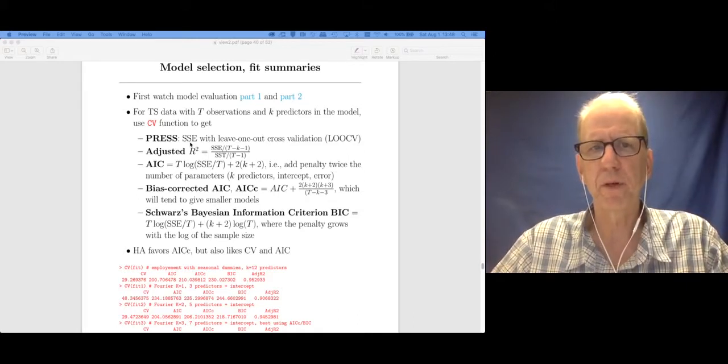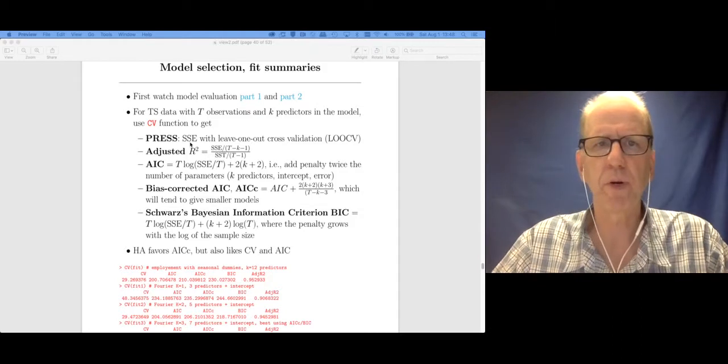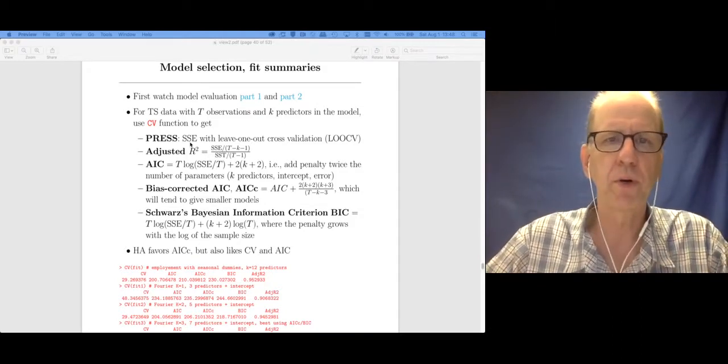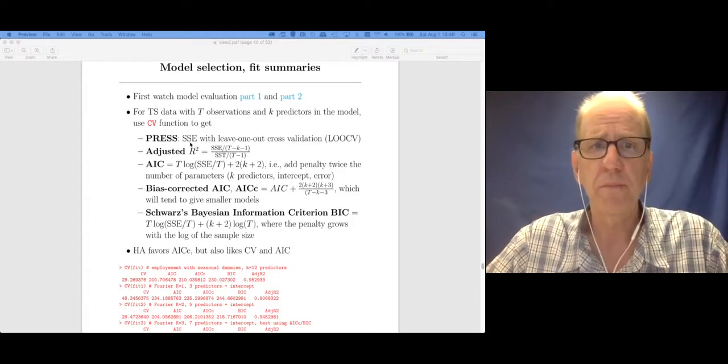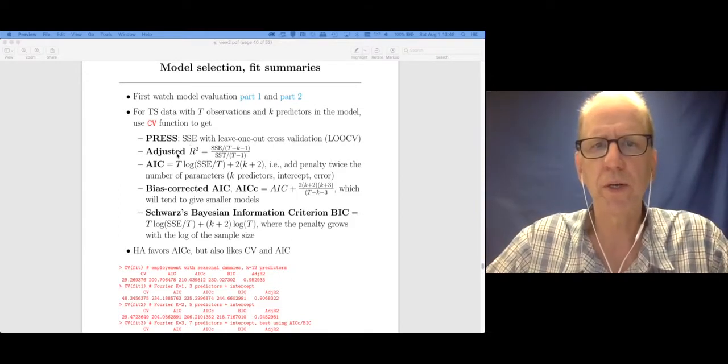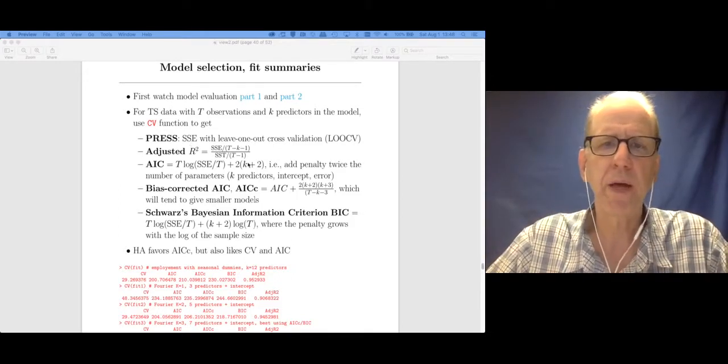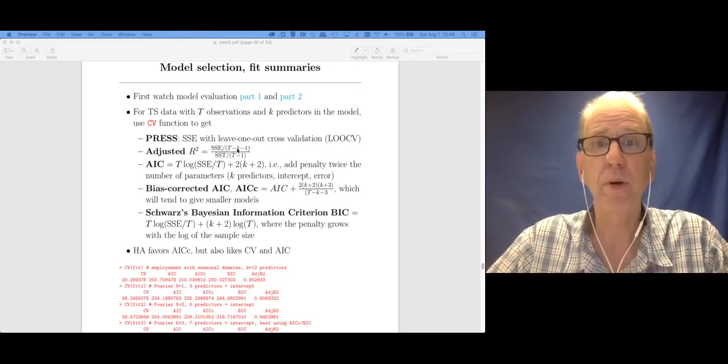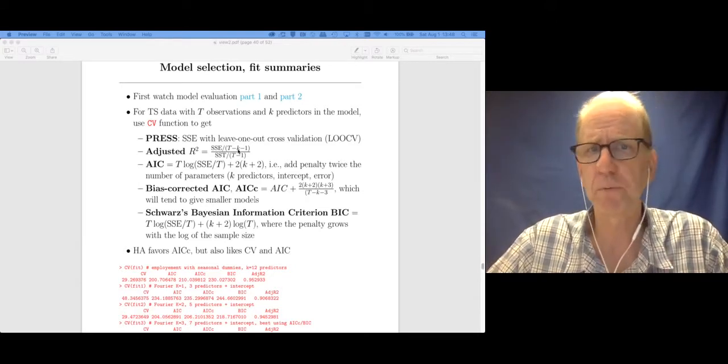Our forecasting library uses several penalized approaches. Some of these I went over in machine learning. Adjusted R squared adds a penalty for the number of parameters in your model, k. That was covered pretty thoroughly in the basic regression material in the machine learning class.